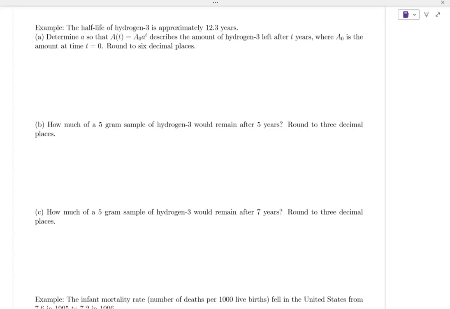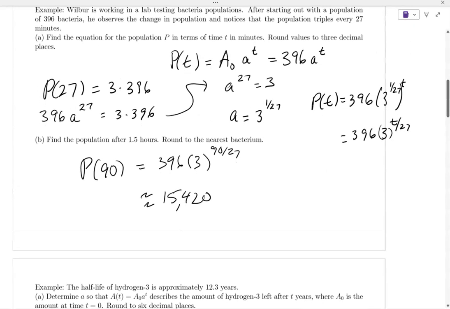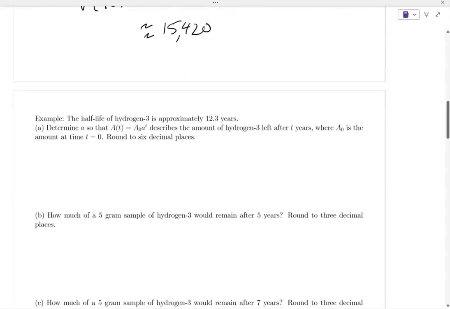So again, if I go back up, when we did this one where we had a tripling time, notice that the base of our exponential here was a 3, right? If we're doing a halving time for a half-life, what do you think the base of our exponential function is probably going to be? 1/2. Yeah, exactly.